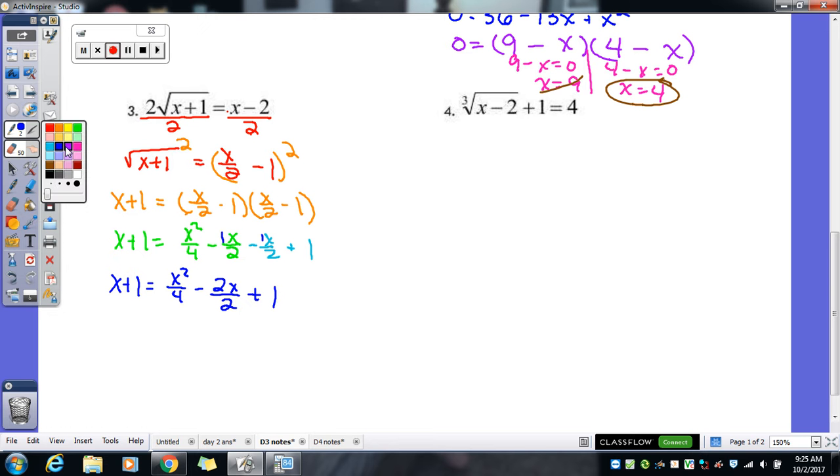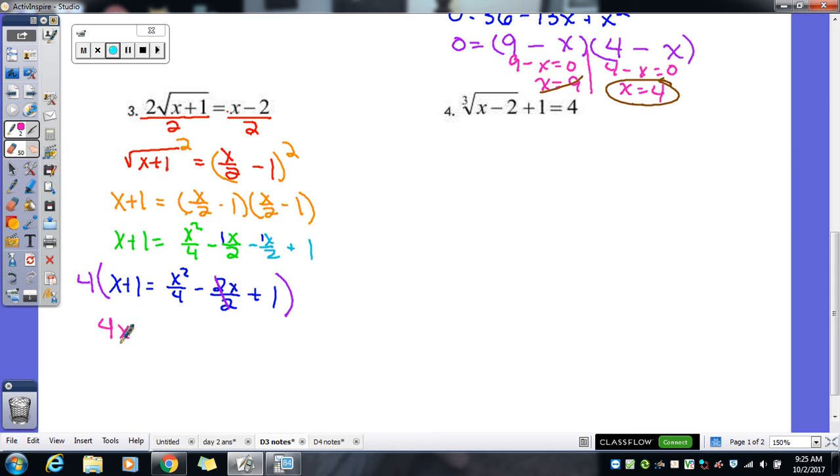What would happen with my 2's here? Those would turn into a 1, because 2 over 2 would be 1, so I have just a negative 1x there. But looking forward, do you think we're going to be able to factor with an x squared over 4? No. So I'm going to multiply everything times the 4 to get rid of that fraction so that our factoring life is going to be a lot easier.